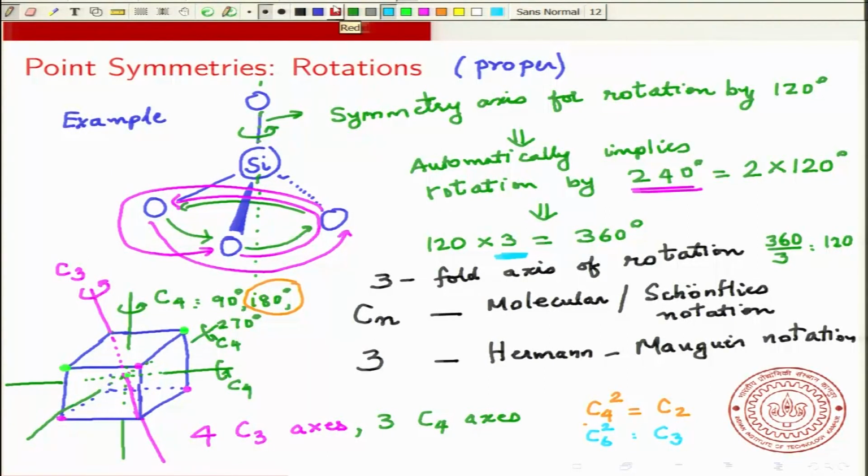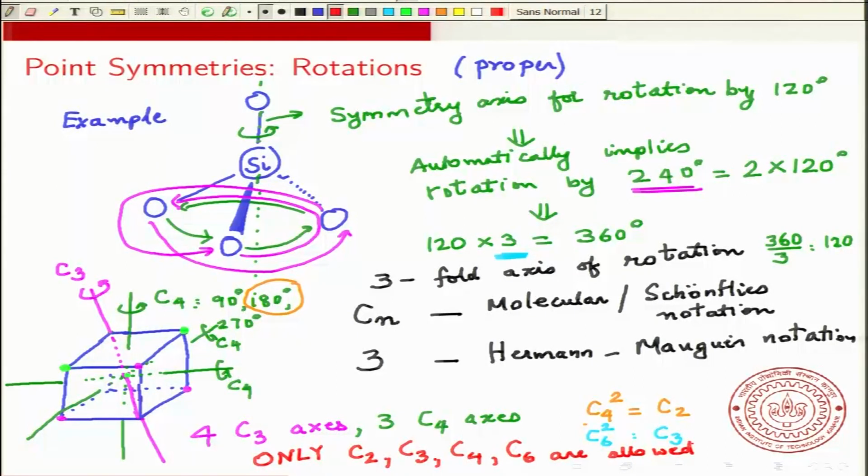I'll choose a red color and write this here. Only C2, C3, C4 and C6 are allowed. So for crystals, these are the only rotational symmetry axes that are allowed.